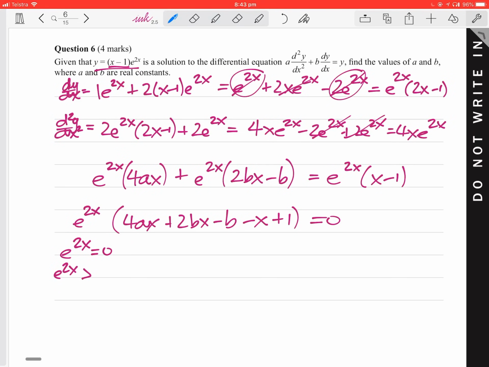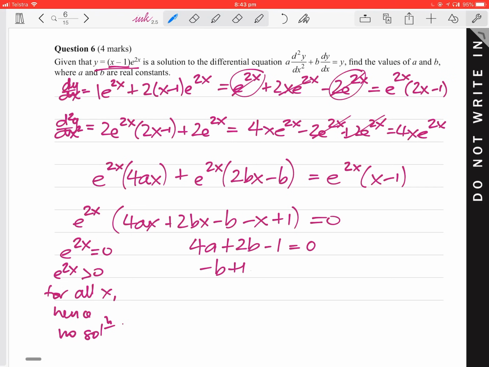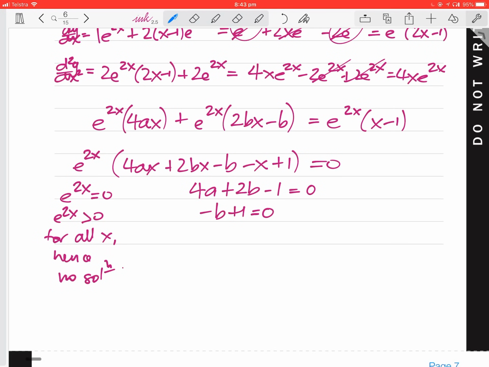e to the 2x is greater than 0 for all x, hence no solution from that factor. Okay, so now we can equate coefficients. So I've got 4a plus 2b minus 1 equal to 0, and I've got minus b plus 1 equal to 0.